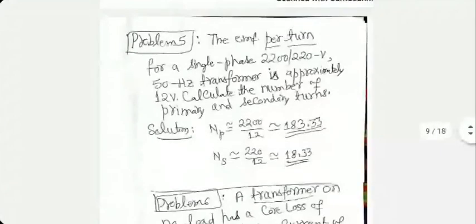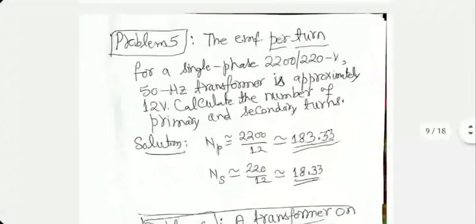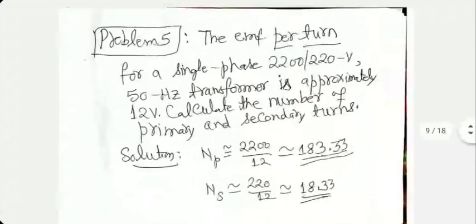Next one. Very simple question actually. You know that EMF equation has NP and NS in it. So if you divide EMF by NP or NS, you get EMF per turn. And they are giving you that value here. EMF per turn for a single phase 2200/220 volt 50 hertz transformer is approximately 12 volt.